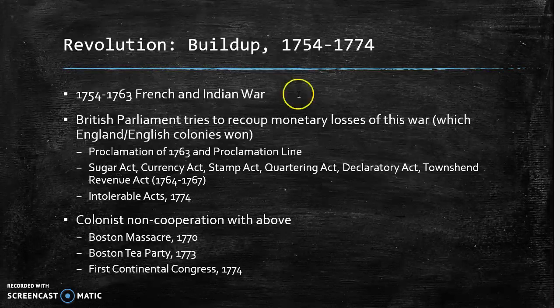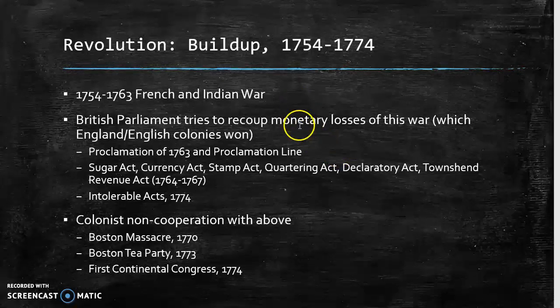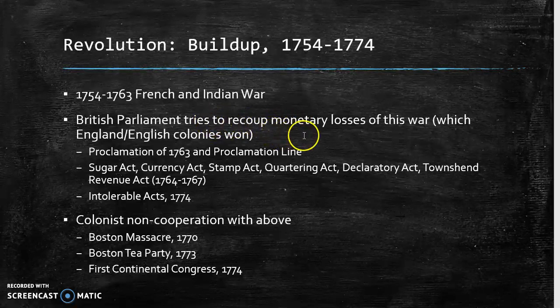So what happened was there was this time period when the Parliament was really trying to actually get its money back that it had spent on this war, which is sort of all of these acts, etc., that you've probably heard about, that Zinn talks a little bit about in chapter 4. All of these were attempts on the part of Parliament to recoup their losses.